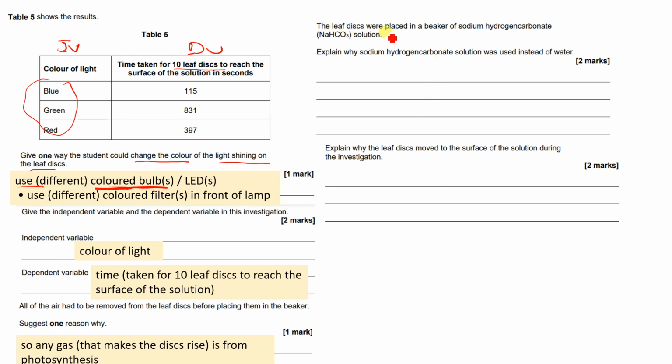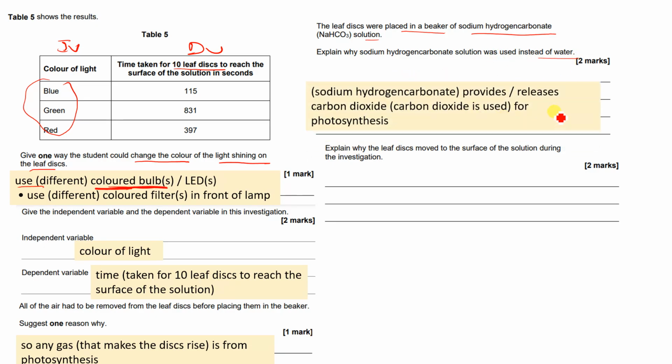Now, the leaf discs were placed in a beaker of sodium hydrogen carbonate solution. Explain why sodium hydrogen carbonate solution was used instead of water. Because sodium hydrogen carbonate provides carbon dioxide, which is used for photosynthesis. The carbonate here, remember, is a source of carbon dioxide, which is used for photosynthesis.